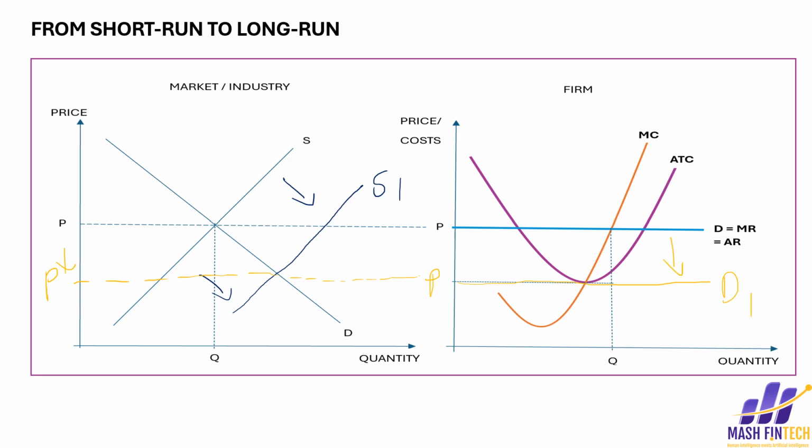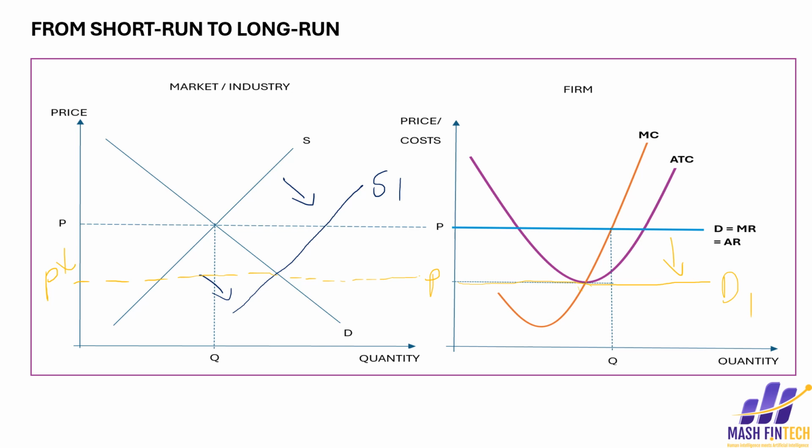You are going to have firms continue to enter the market until the price for a firm is at the minimum point of the average total cost curve. And if that is the case, then the firm is making zero long run economic profit.